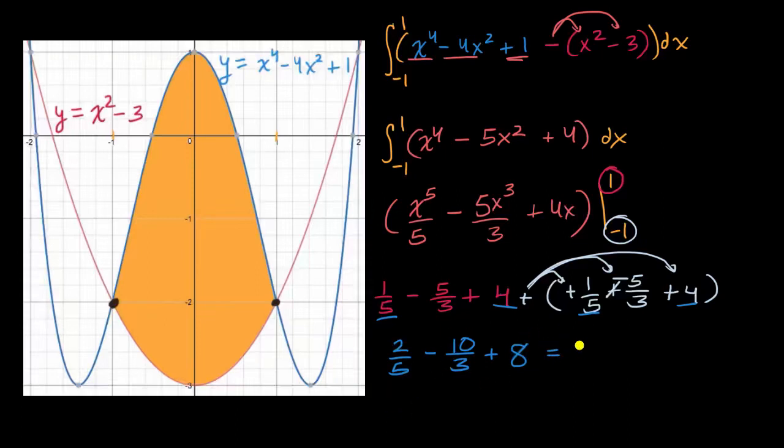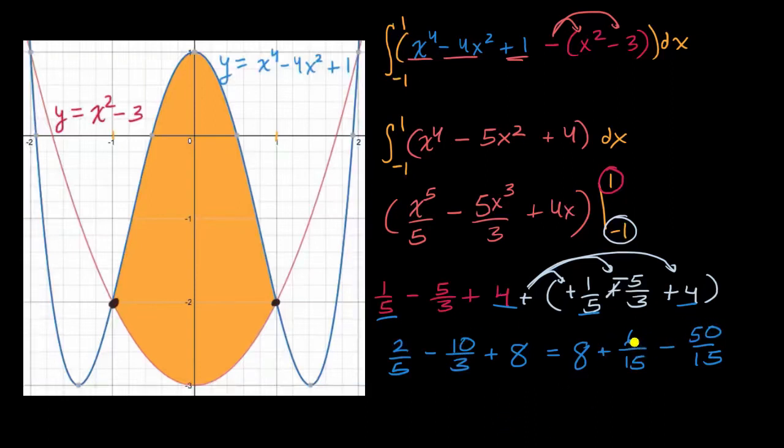This is going to be 8, and then plus, I'm going to write these two with a denominator of 15, because that's the common denominator of 3 and 5. 2/5 is 6/15. That's right. 5 times 3 is 15. 2 times 3 is 6. And then 10/3, if we multiply the denominator times 5, we have to multiply the numerator times 5. So this is going to be 50/15.